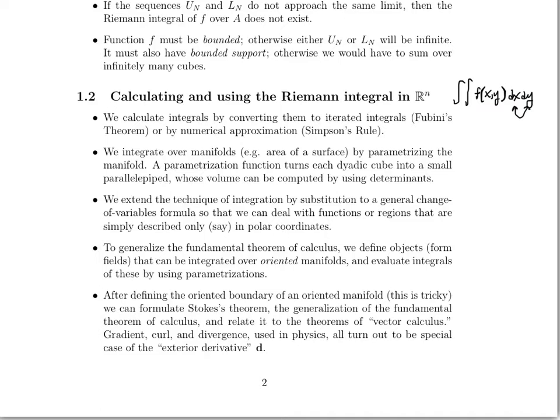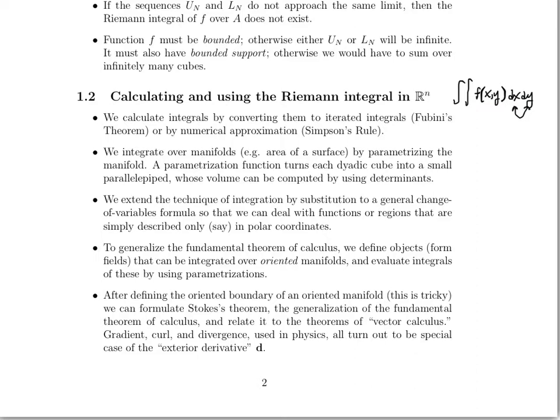And basically, since we're no longer working with parametrizations, we're no longer working in x and y and z necessarily, these dyadic cubes need to turn into maybe dyadic wedges or dyadic parallelepipeds in this case. And so this volume stretching and scaling factor is really important to take into consideration.